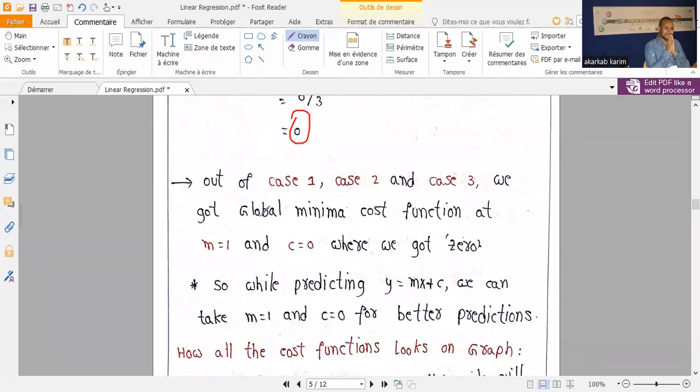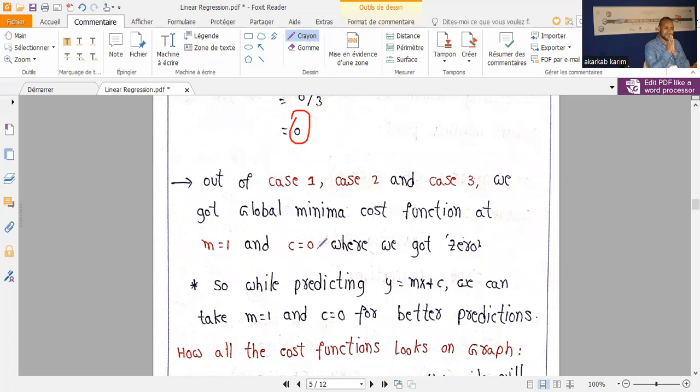So out of case 1, case 2 and case 3, we got the global minima of the cost function at m equal to 1 and c equal to 0. Because as I told before, when we apply the cost function, the global goal is to optimize the minimum, to optimize the errors.